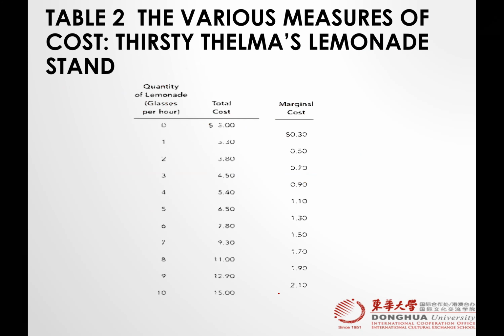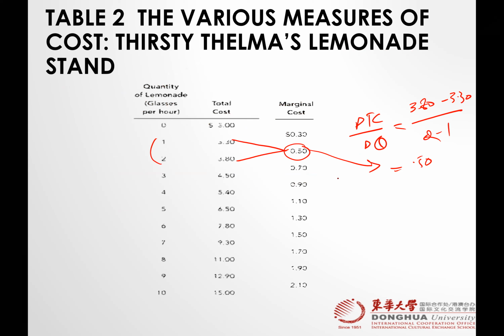So where did this 0.5 come from? It came from here, change in total cost divided by change in quantity. So change in total cost, new cost minus old cost, divided by change in quantity from 2 to 1. So you see here 3.80 minus 3.3, answer 0.50.